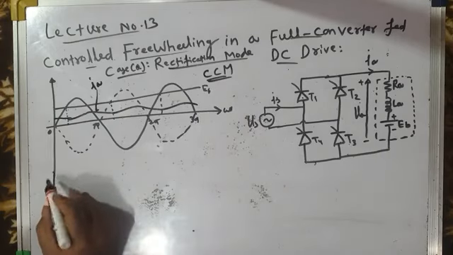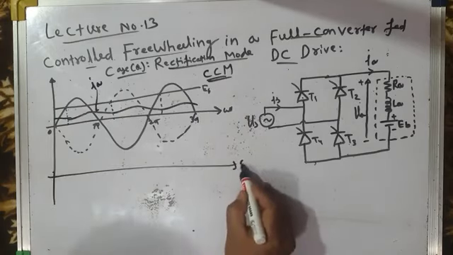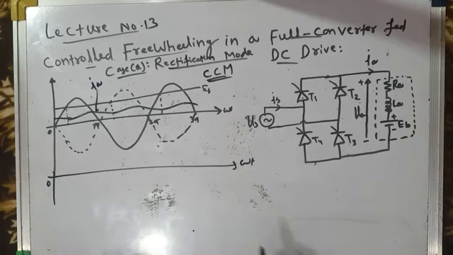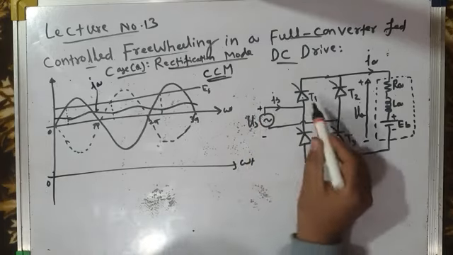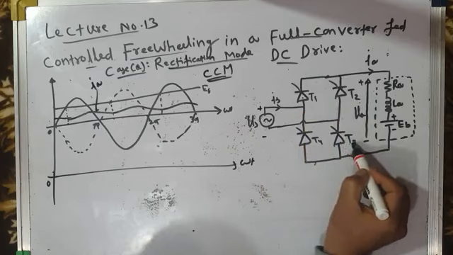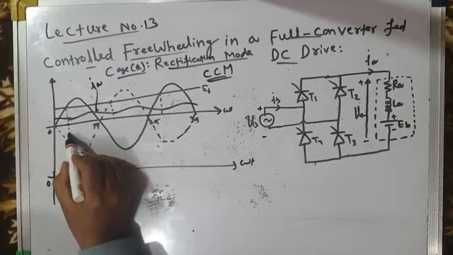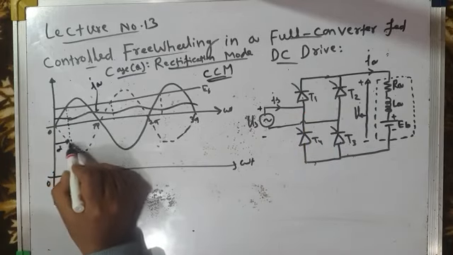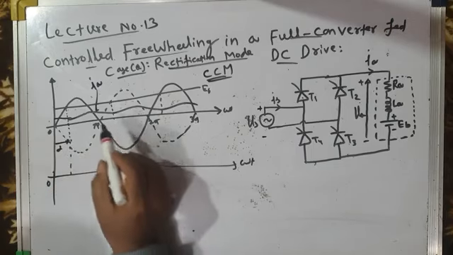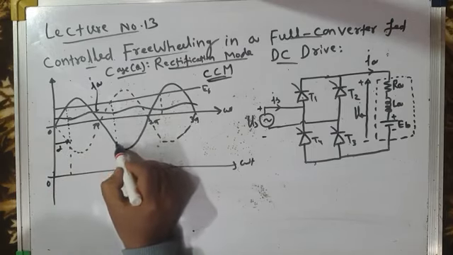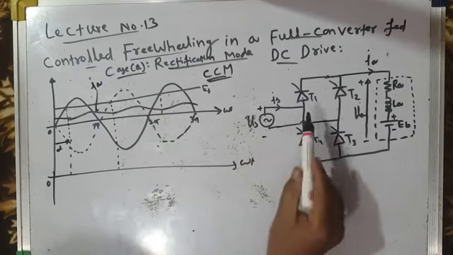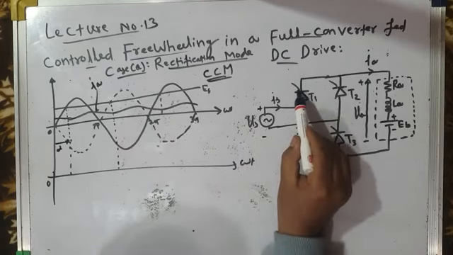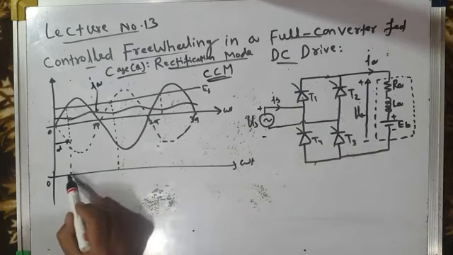So this is continuous conduction mode of operation. In this mode, during the positive half cycle of source voltage, T1 and T3 have to be fired, after a delay of alpha electrical degrees, say somewhere here. So firing pulses have to be issued to the gate terminals of thyristors T1 and T3 simultaneously.